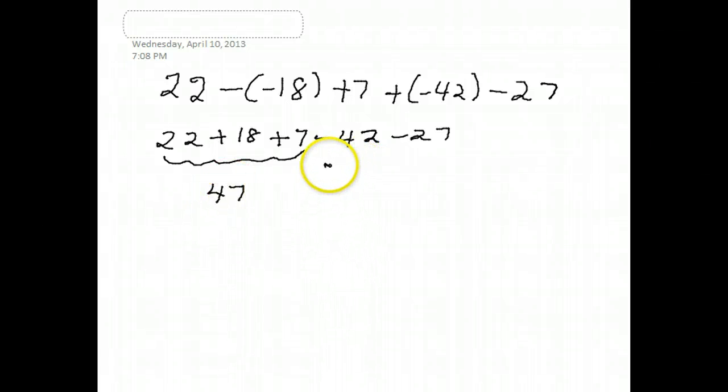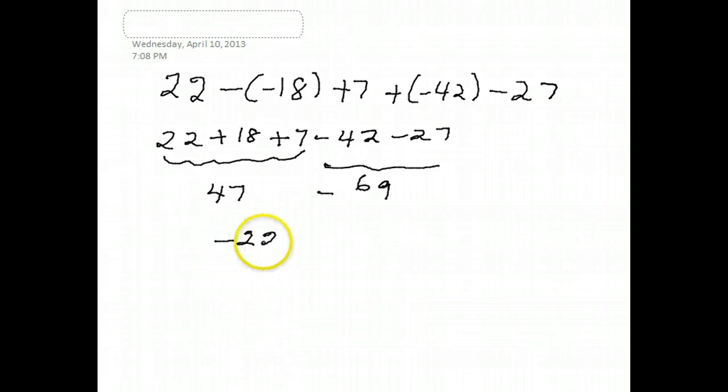And with these two, I have minus 42 minus 27. That gives me minus 69. And 47 minus 69: remember, I start at a positive 47, and I go 69 spaces in the negative direction, and that gives me a negative 22.